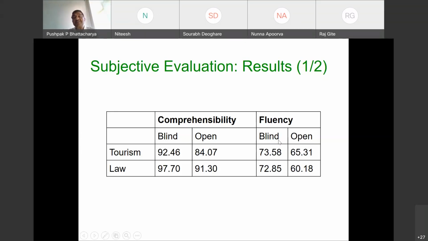So that means the machine translation output overall does not have very good well-formedness as far as the output sentence is concerned. And it is also interesting to see why in blind testing, again, the score is higher than in open testing. So what happens is that probably some preposition phrase has not appeared in the output sentence, but the sentence looks good still.